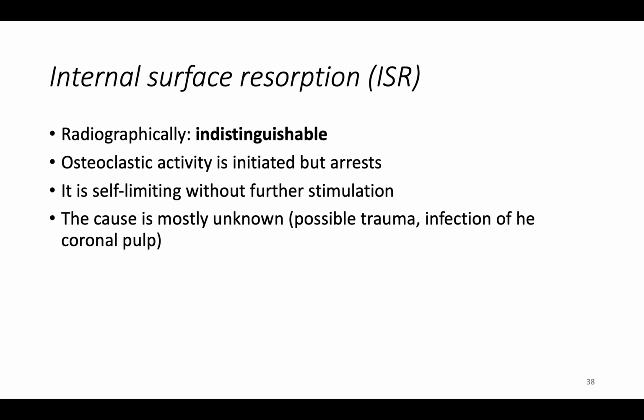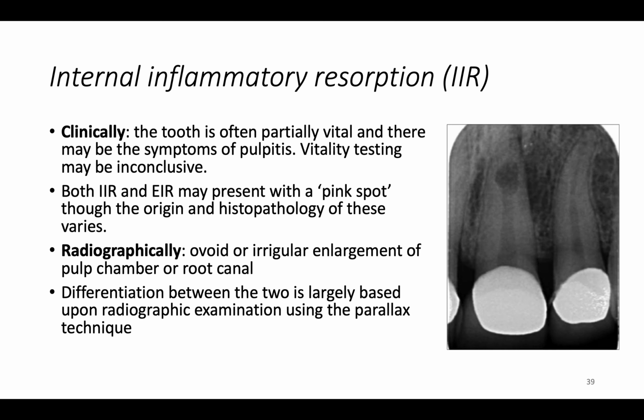It is self-limiting, no further treatment is needed. It can be discovered only histologically, not on radiographs, and not clinically. The cause of this process is mostly unknown, but probably it can be trauma or infection in the coronal pulp.